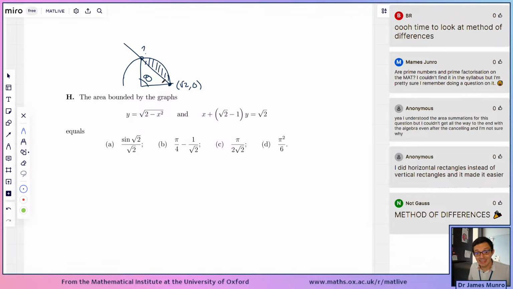Once you've had that idea, then you can settle on the one which is like a circle take away a triangle. We've done calculations like this before together, I think.